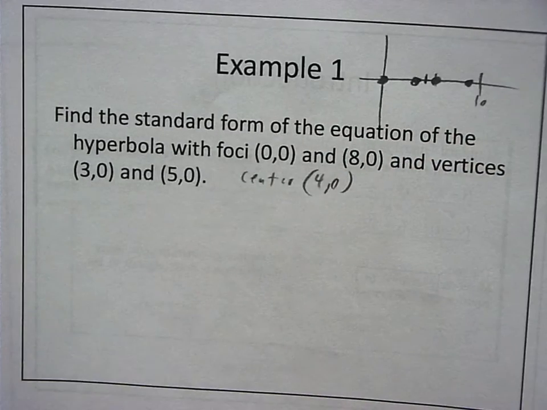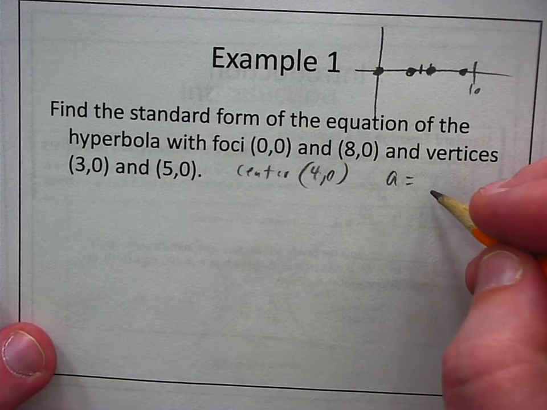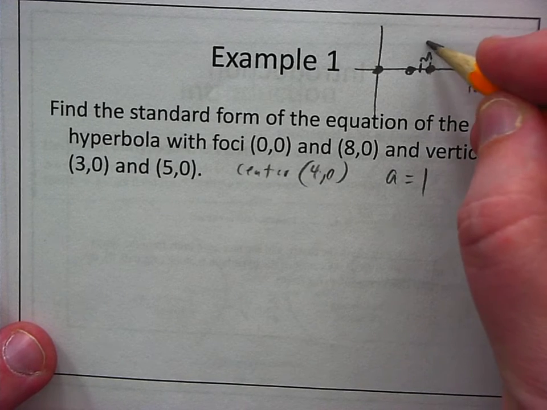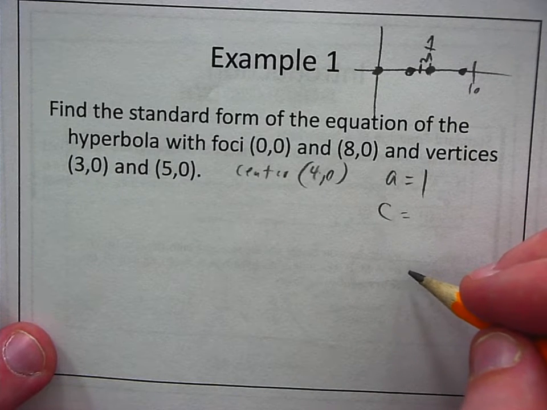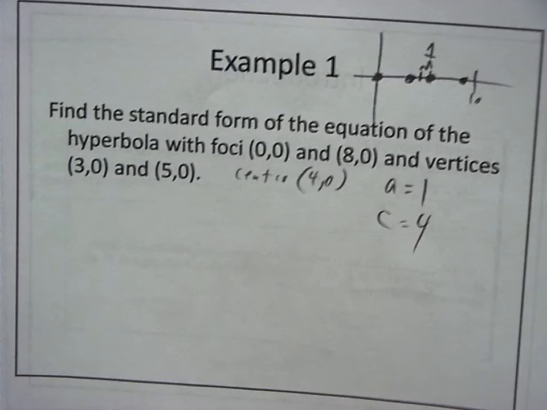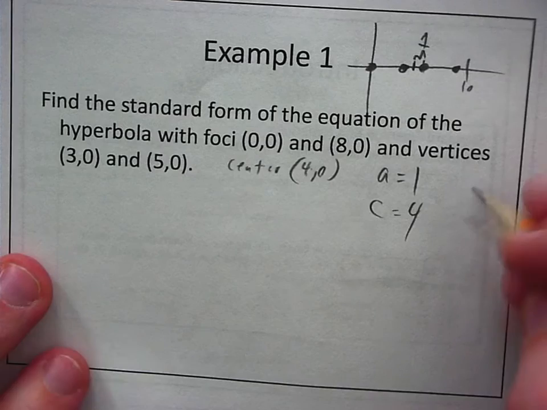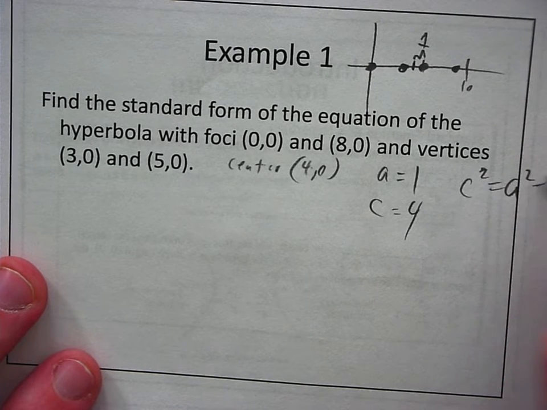You know what? A and C. What's A? A is 1. That's the distance to there. And C? 4. So yeah, c squared is equal to a squared plus b squared.